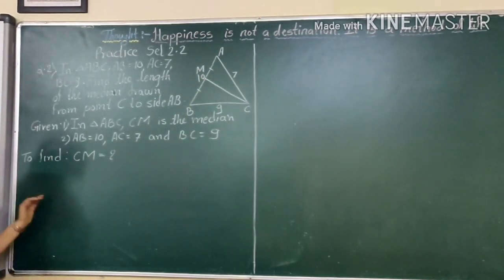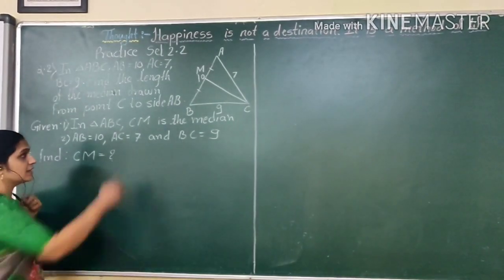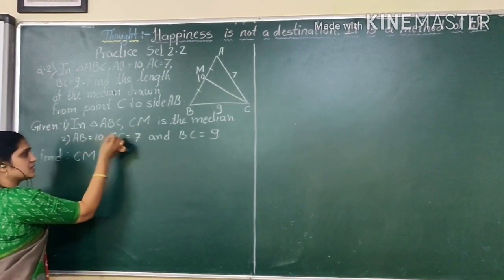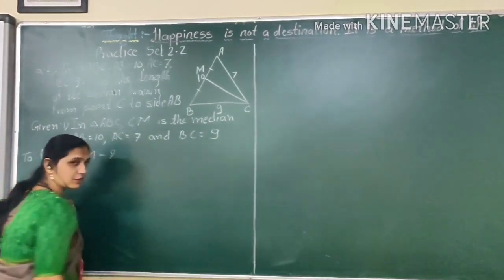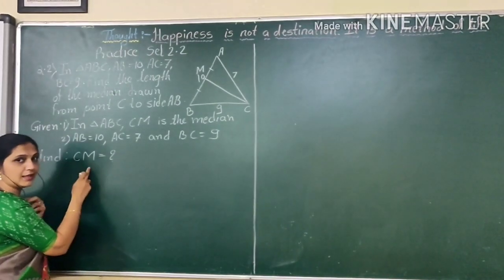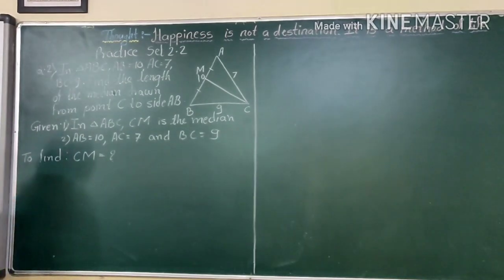So first write down what is given. Here in triangle ABC, CM is the median. This is given, and AB is 10, AC is 7 and BC is equal to 9. To find, we have to find the length of the median, that is CM is equal to what? That we have to find.